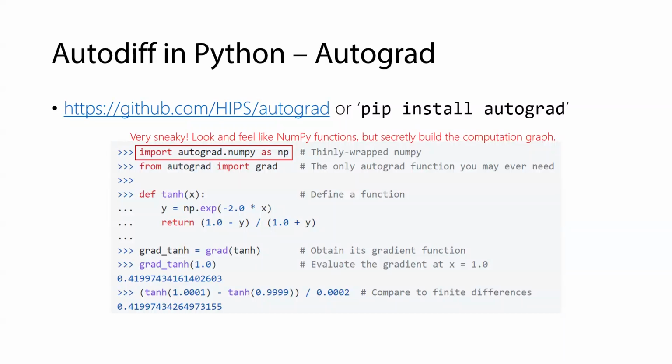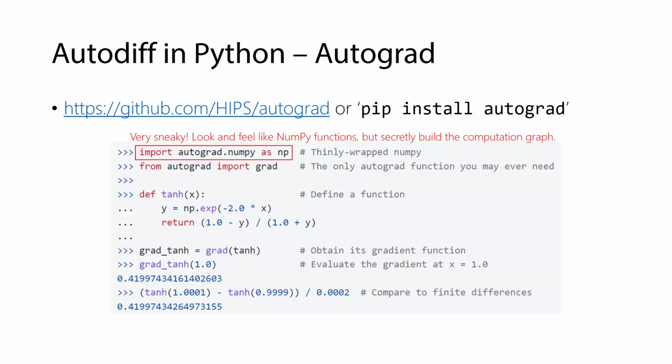The syntax is exactly the same, but internally the computation graph is constructed. So when you do grad of tanh, you create a gradient function for tanh.